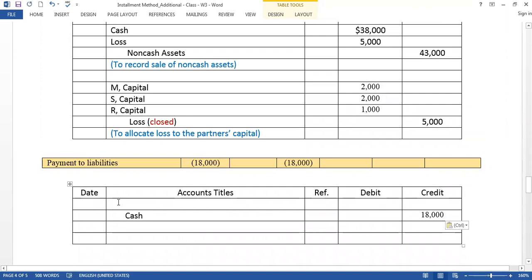And we are going to close our liabilities. Liabilities debit $18,000.